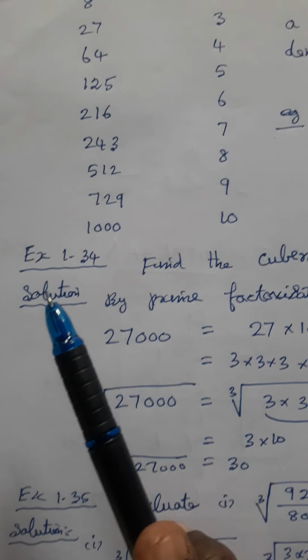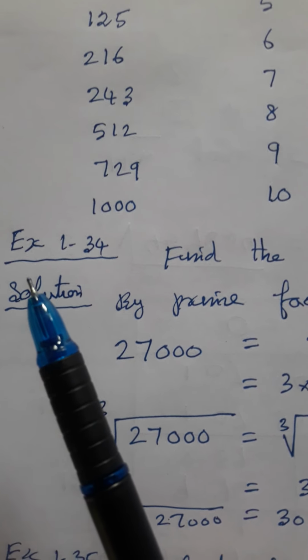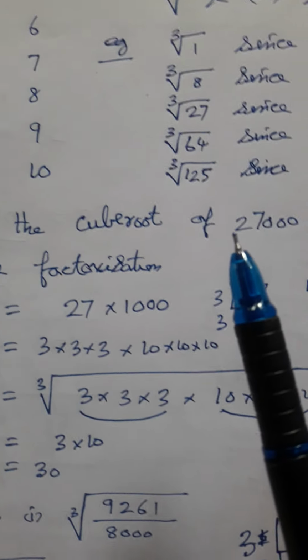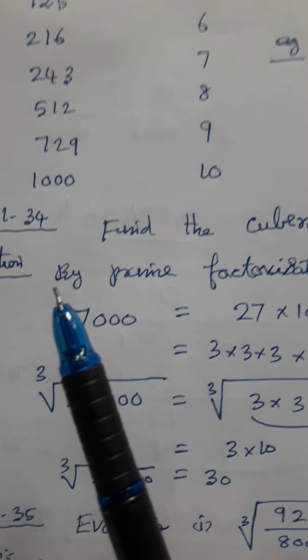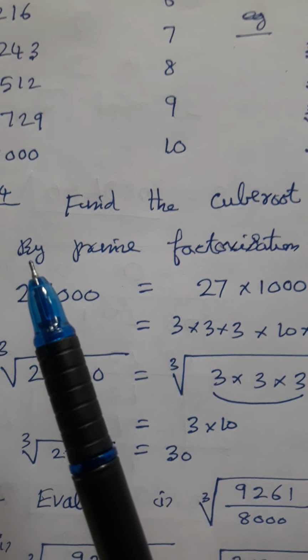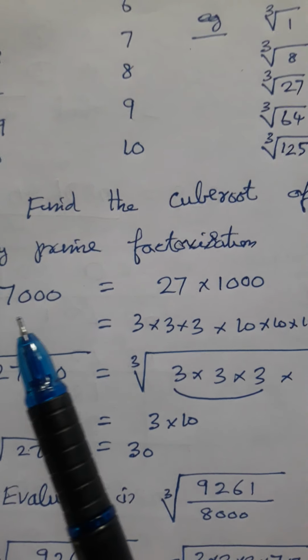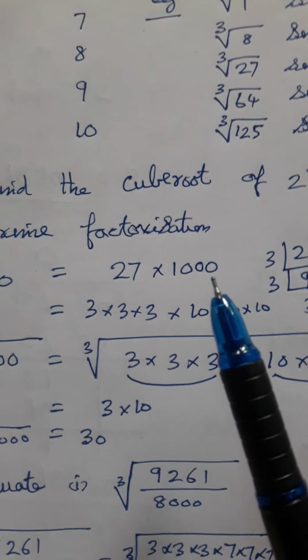Now we see one example. Listen carefully. Example 1.34. Find the cube root of the number 27,000. Solution. Now we do this cube root by prime factorization method. 27,000 equals 27 into 1000.